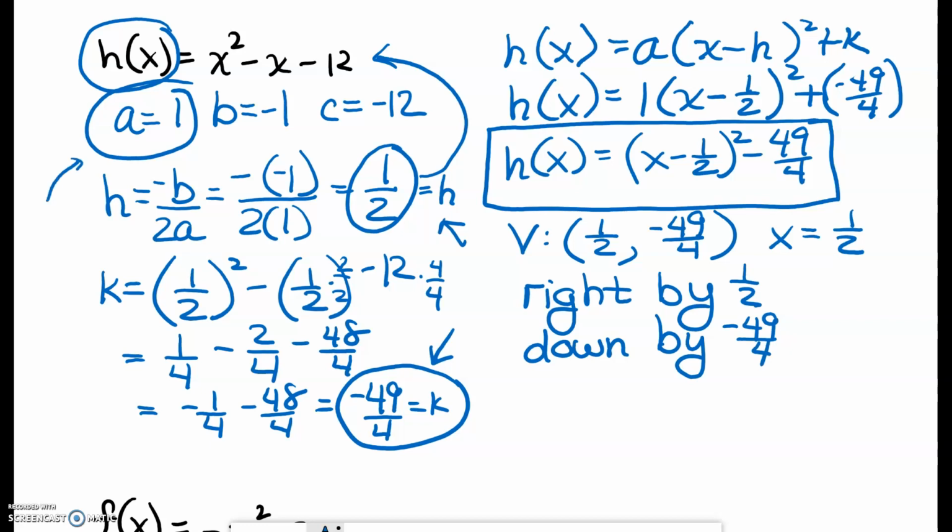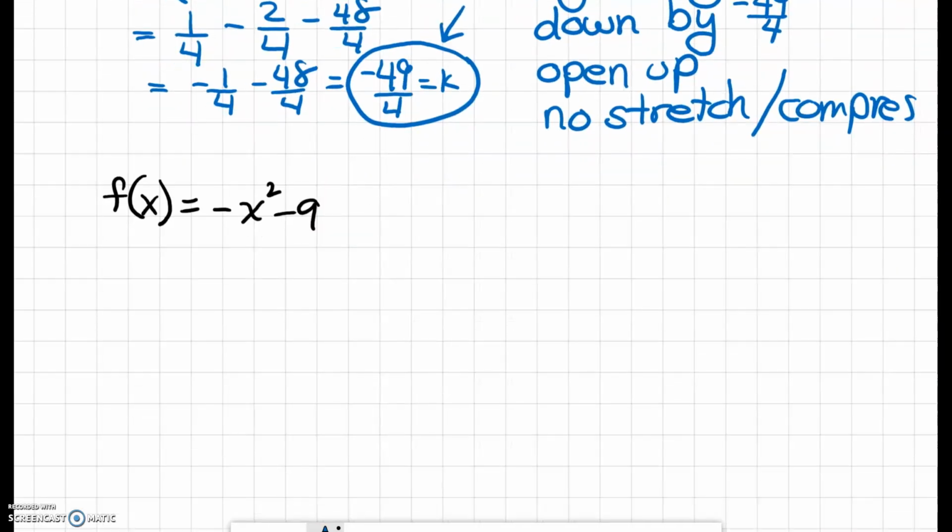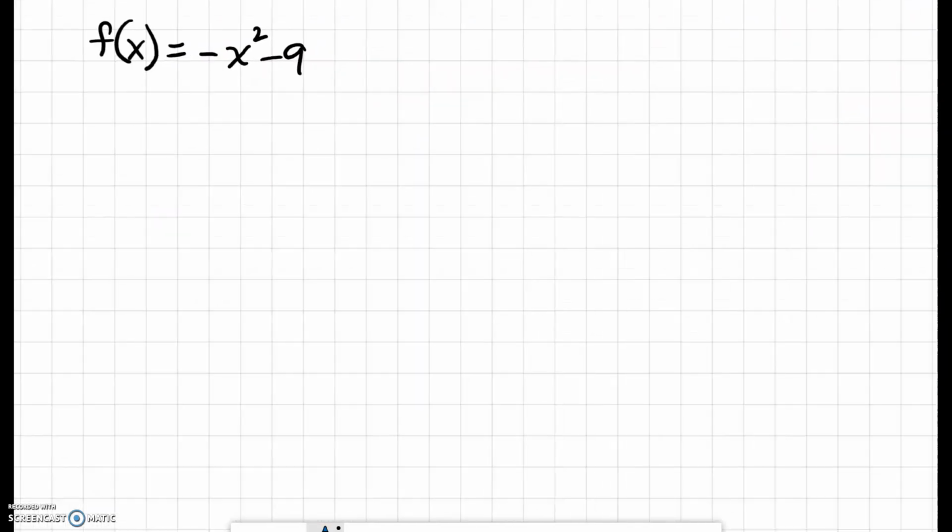Our A value is positive, so our graph opens up. Our A value is also equal to 1, so we have no stretch or compress. Okay, so we'll probably have time for one more, hopefully.